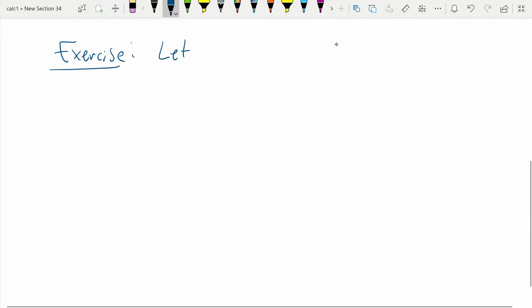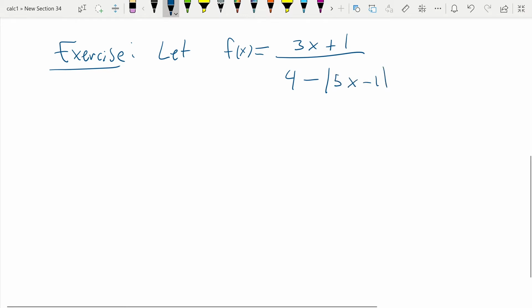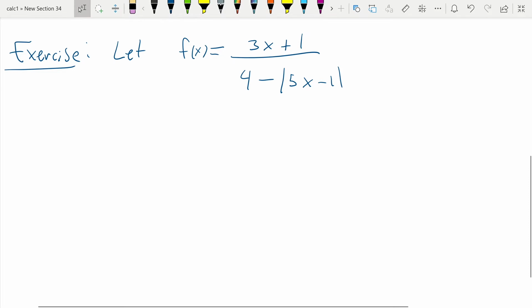We let f of x be equal to, say, 3x plus 1 divided by 4 minus the absolute value of 5x minus 1.